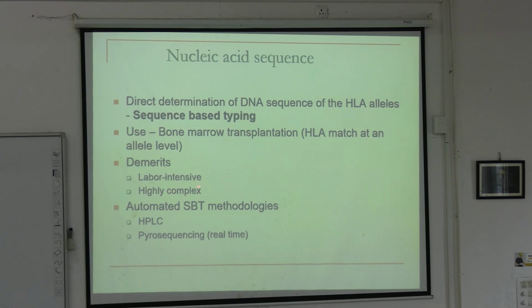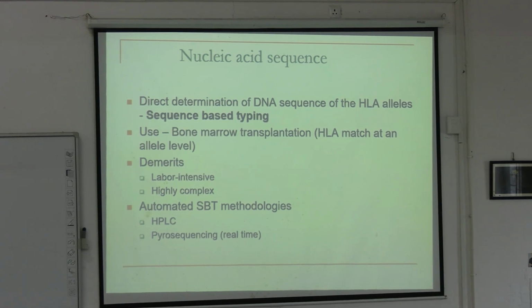It is labor intensive, a lot of people are involved, and it is a highly complex procedure, okay? And some automated sequence based typing methods are HPLC and pyrosequencing. You need not remember the details, just remember the names. If you are asked, you can just write them, or in a short note you can just mention the methods, okay?